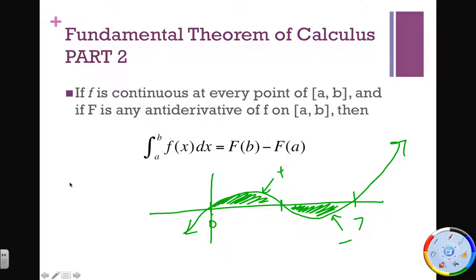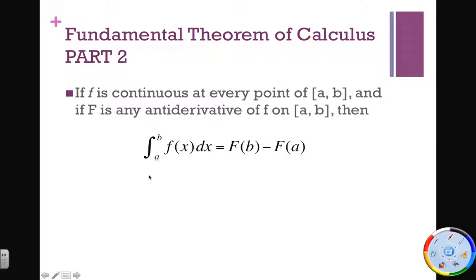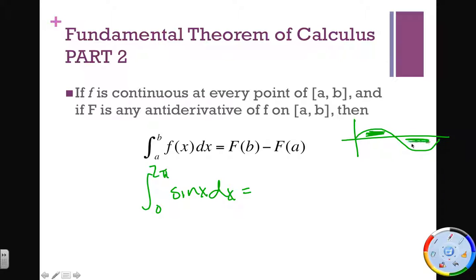And what I mean by this is if you did 0 to 2 pi of sine x dx, what we're looking at here is the function from 0 to 2 pi. Well, I know I have one bubble above and one bubble below. That should cancel out. And it will, because the antiderivative of sine is negative cosine of x from 0 to 2 pi.